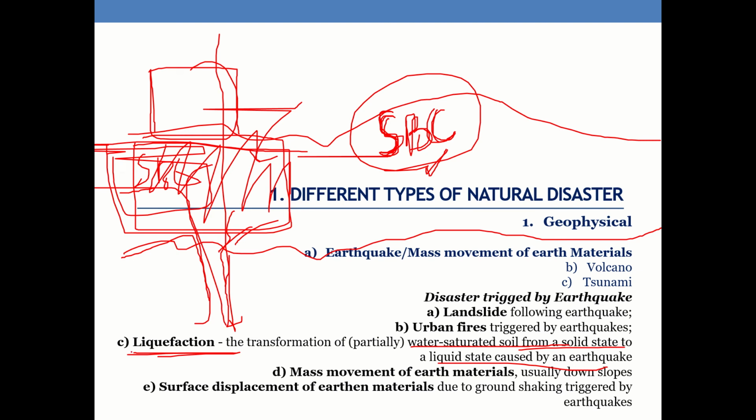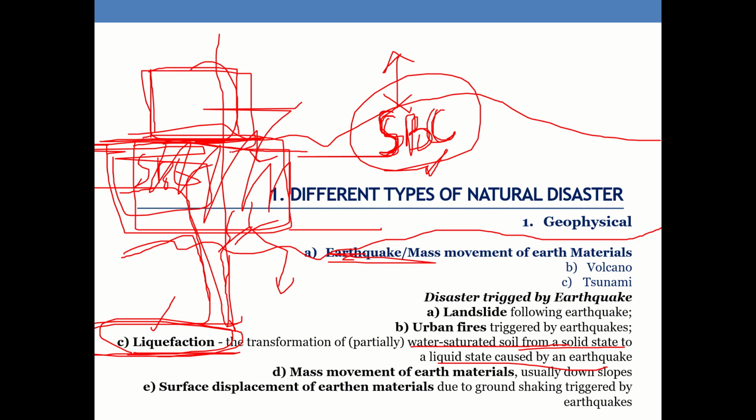We will see specific examples of what liquefaction is, how earthquake triggers liquefaction, and how it will affect the design of buildings. So liquefaction is one of the after effects of earthquake, where the SBC is destabilized, and as a result the soil will not take up the buildings that we have designed here.